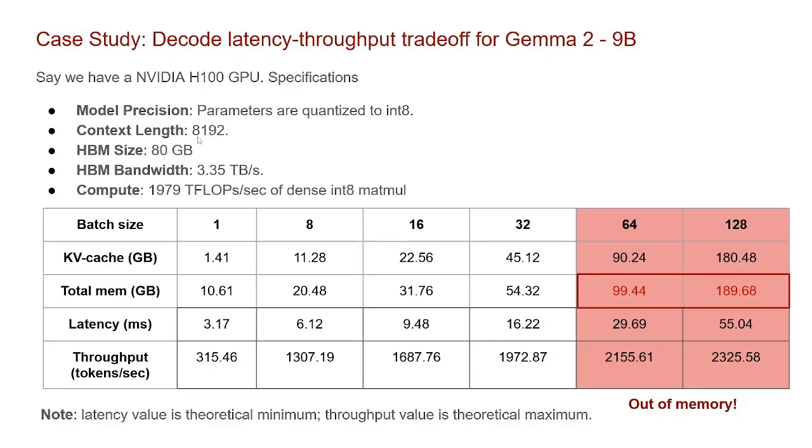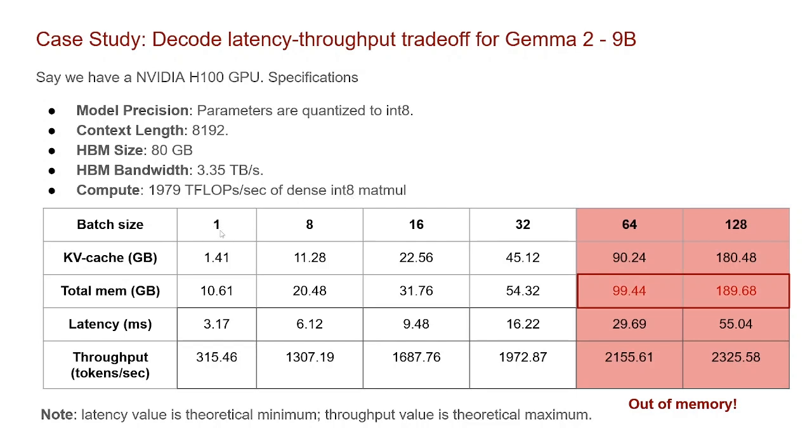Let's consider the decode phase immediately after the prefill, so we have already processed 8192 tokens. There is 80 GB on our GPU with this much bandwidth and this much tensor core throughput for int 8.